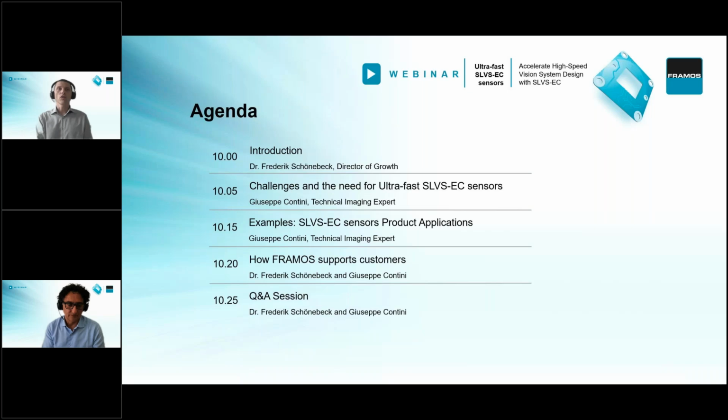Then he will go over to present a number of examples where SLVS-EC sensors are used in specific applications. And then towards the end, he will show how FRAMOS supports its customers by implementing the SLVS-EC high-speed interface into their solutions. And finally, we will conclude the presentation with a questions and answers session.